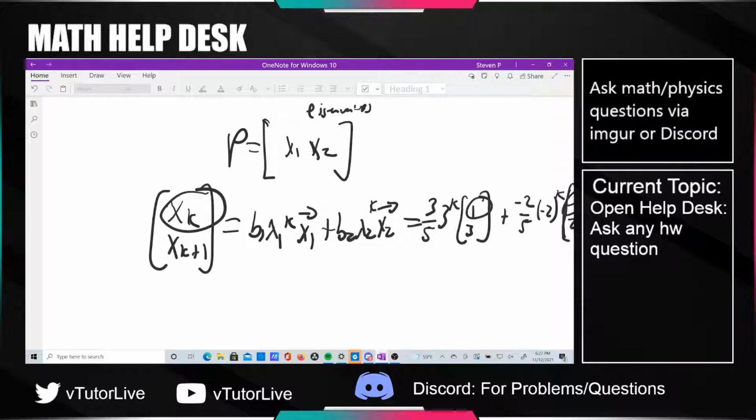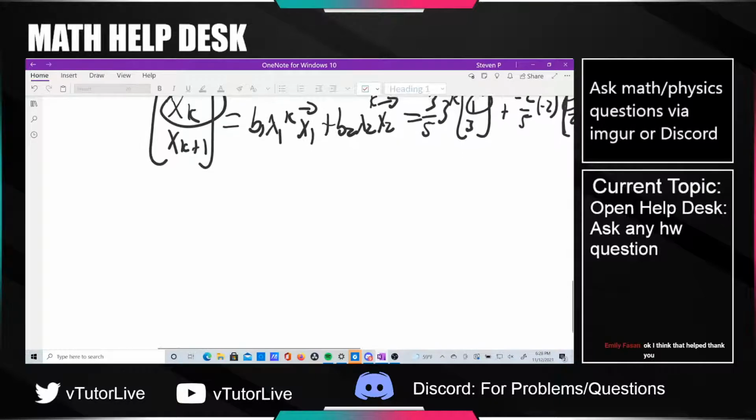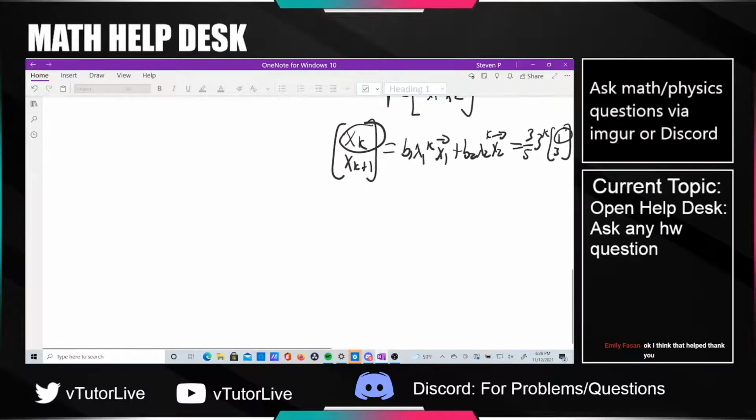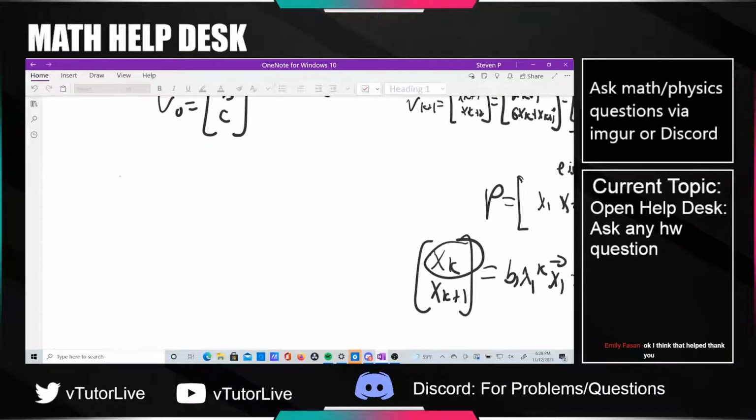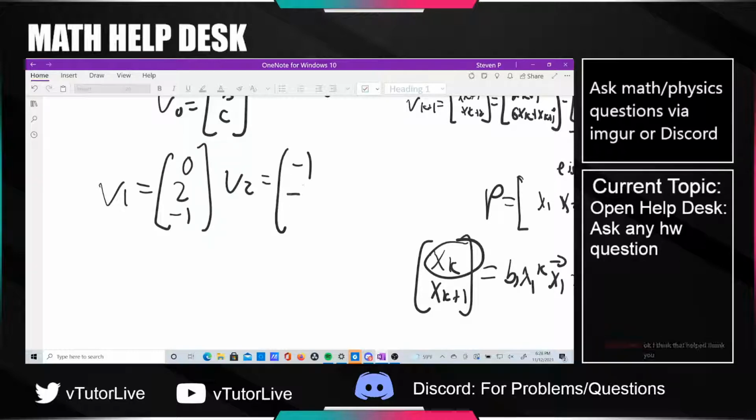The next linear algebra question from half and half. If you have a couple of vectors, v1 is equal to 0, 2, -1, v2 is equal to -1, -3, 0, v3 is equal to -2, 0, and 3.